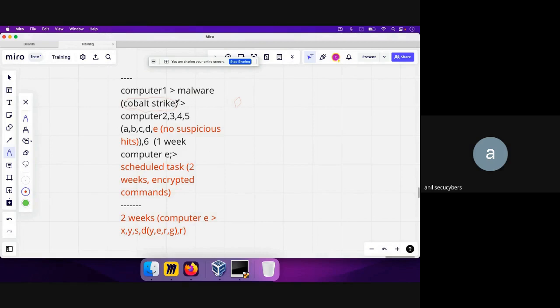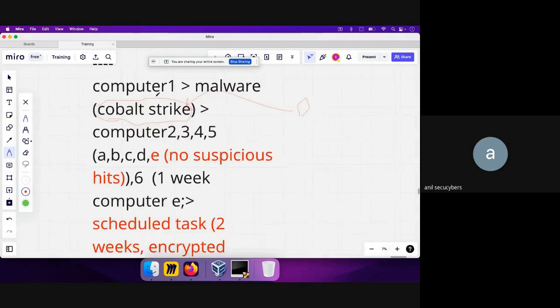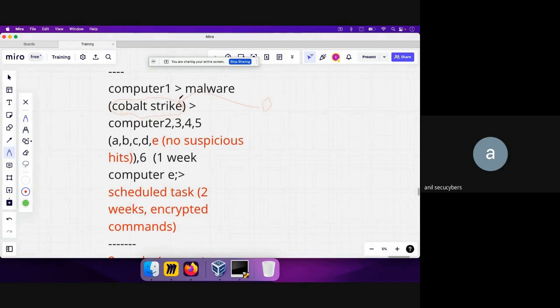Even if a 10 or 15-year-old kid just tries to execute Cobalt Strike on that, Cobalt Strike is very sophisticated.